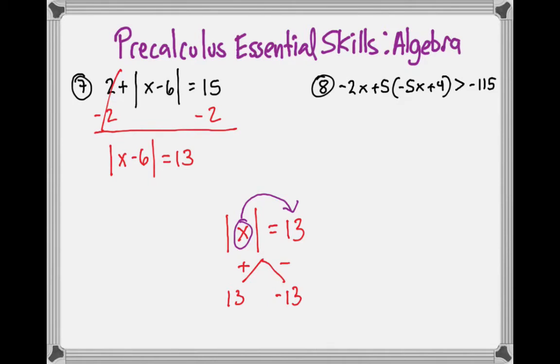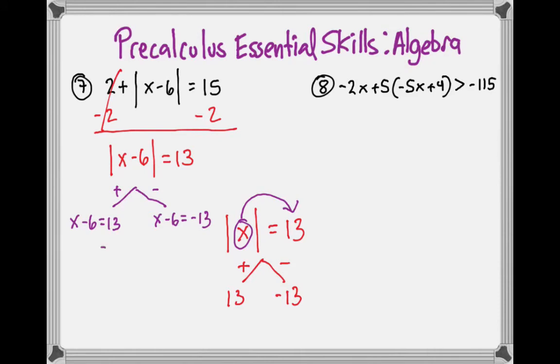Building on that notion, we're going to split this off into two different scenarios, positive and negative. So, we know that x minus 6 could equal a positive 13, and x minus 6 could equal a negative 13. And then from there, we'll solve.